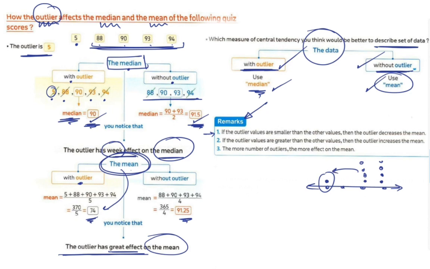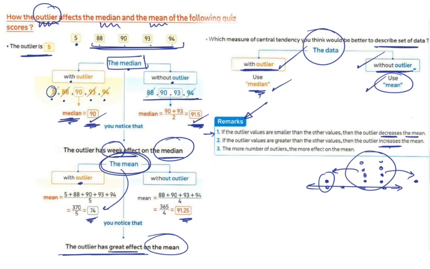That means the value of the mean will decrease, because this outlier is to the left of the group of data. But the opposite, if the outlier is greater than the values, if this dot is here to the right of this data, will the mean decrease or increase? It will increase. So the outlier to the left, the mean will decrease. The outlier to the right, the mean will increase.